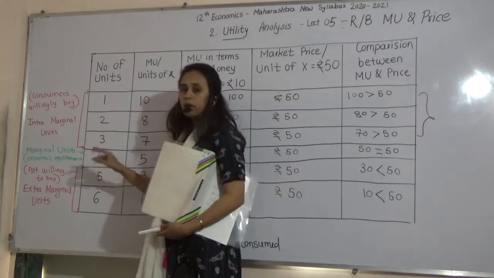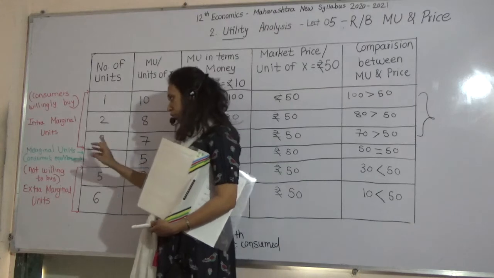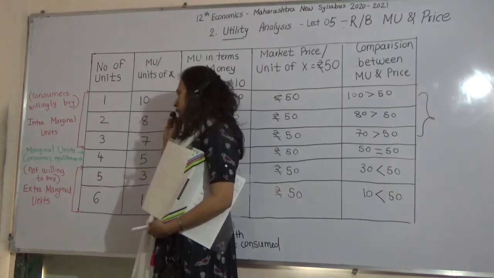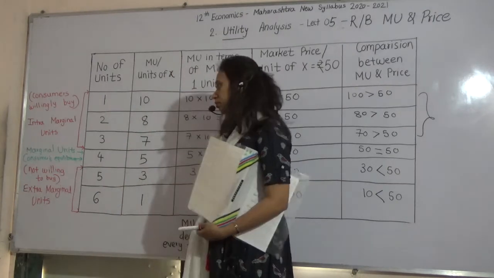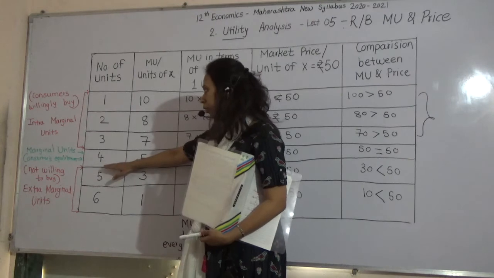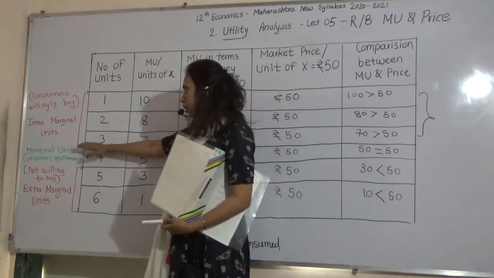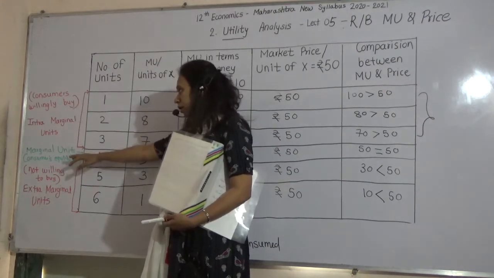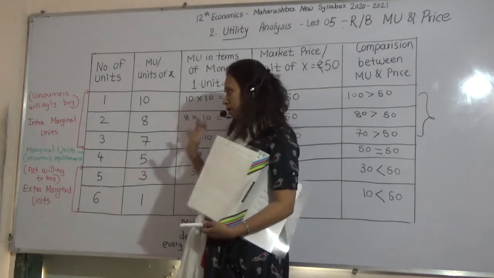In the fourth unit, your MU and your price both are matching, both are equal. That is called marginal unit or consumer's equilibrium. And till that point, consumer will go and purchase, because up to the third he willingly buys. For the fourth, actually MU and price are equal.